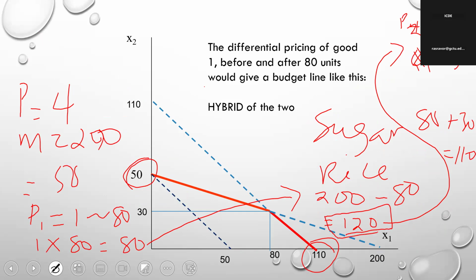With my 120, how many pizza can I buy? Since now, anything in excess is going to cost me 4 cedi, it is this 120 divided by 4. That gives us 30. Remember, I have already paid for 80. I am now paying for what? 30. So when I add that, it becomes 110.